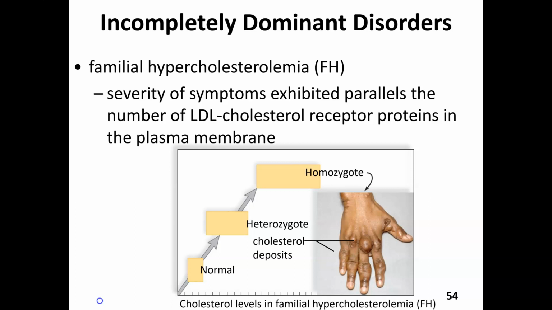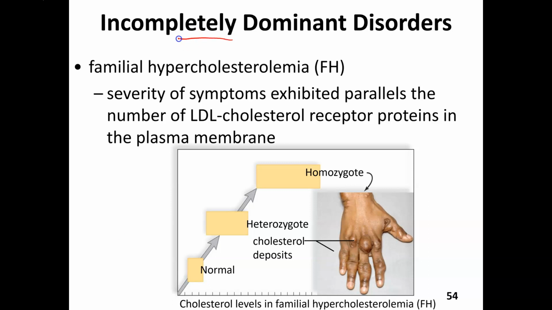Individuals that have this disorder have faulty proteins that typically bind cholesterol, so they don't bind the cholesterol. Cholesterol builds up in their blood, and this leads them to be very prone to things like heart attack. Obviously, they have high cholesterol, high blood pressure, and death at a young age.